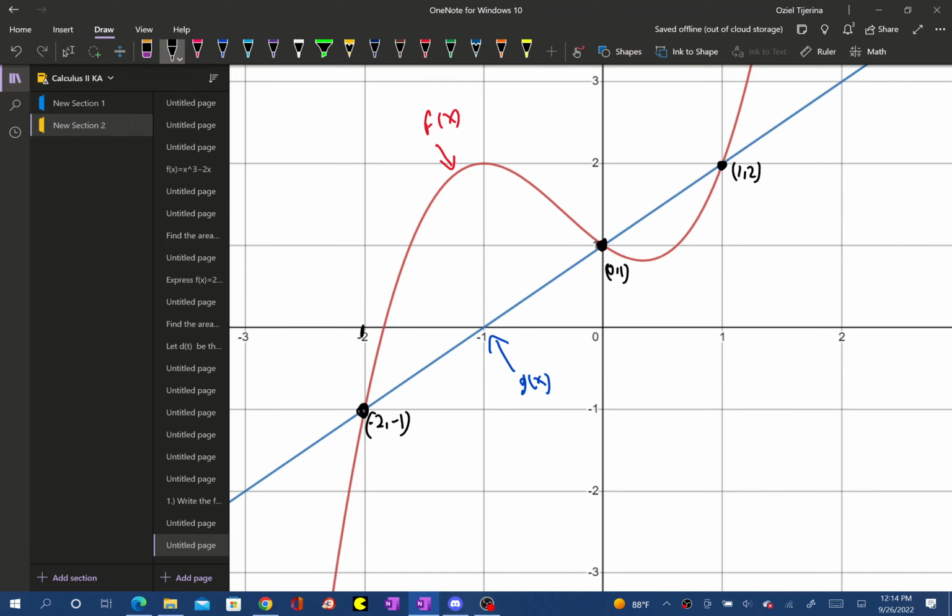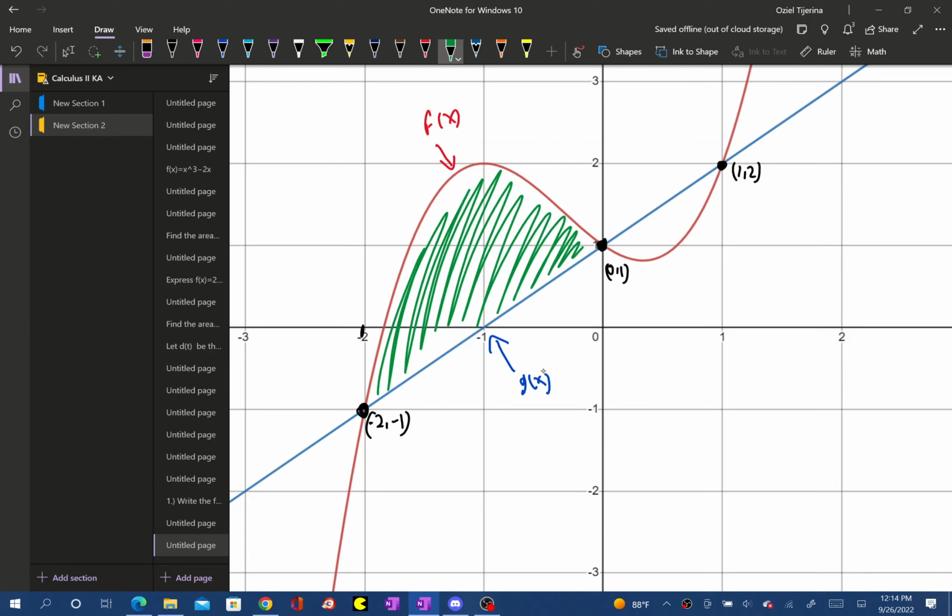So the idea is that we want to find the area bounded by these two regions, like this one and this one.